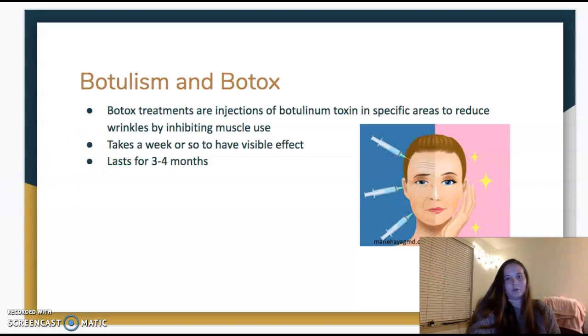Botox treatments are the injections of the botulinum toxin in specific areas, and it reduces wrinkling because it's flaccid paralyzation of the muscles. It takes a week or so to have a visible effect, and then it lasts for 3 to 4 months.